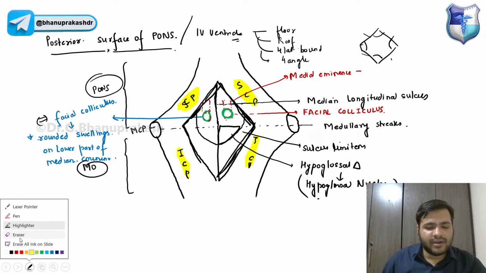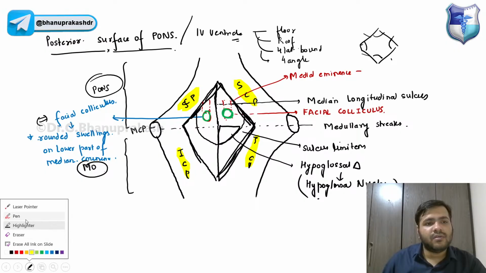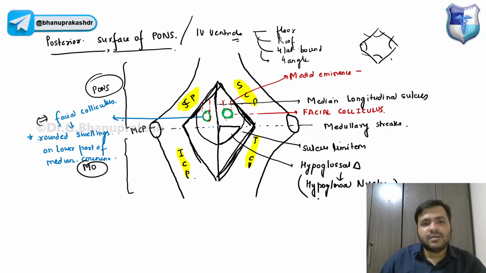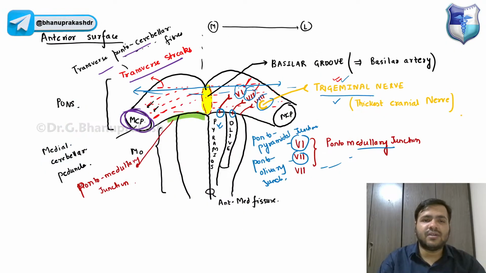And below, you already know we have the gracile tubercle and the cuneate tubercle also, right? So we have this gracile tubercle, the cuneate tubercle, along with the inferior cerebellar peduncle. This we have already discussed in the earlier cases also.